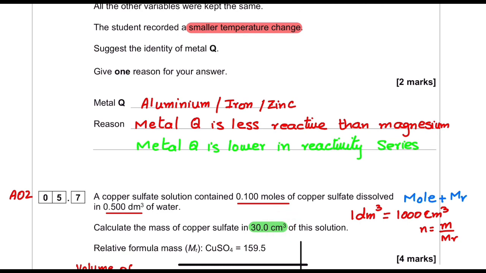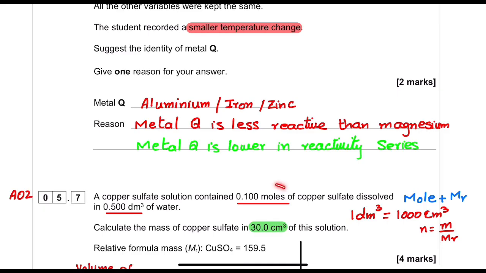We need to convert cm cube units into dm cube, and we know that 1 dm cube is equal to 1000 cm cube. We need to convert 30 cm cube first into dm cube. Second, we need to find the mass.